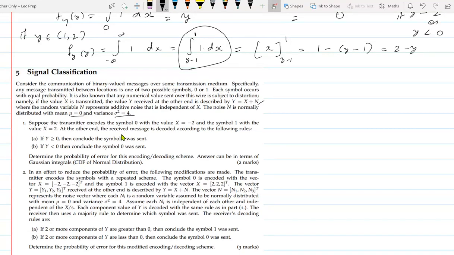Whenever I want to say 1, I will send the real number 2. Now what you get is y. Y is going to be x plus n, where n is the normal random variable.